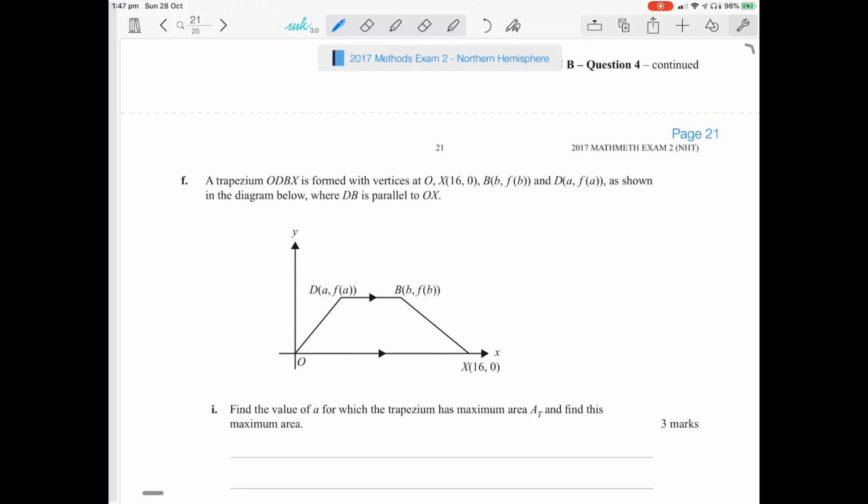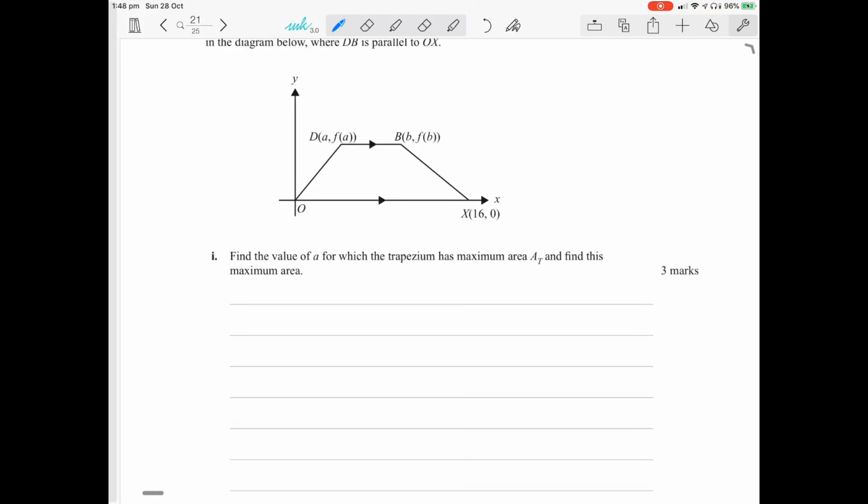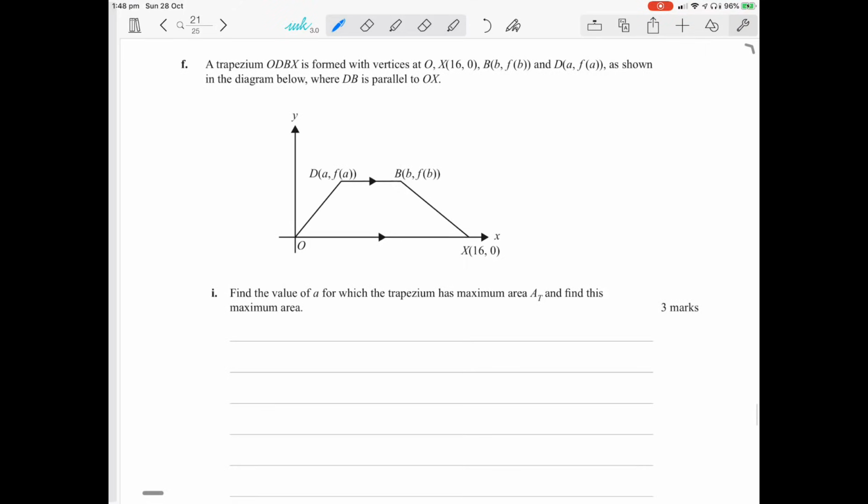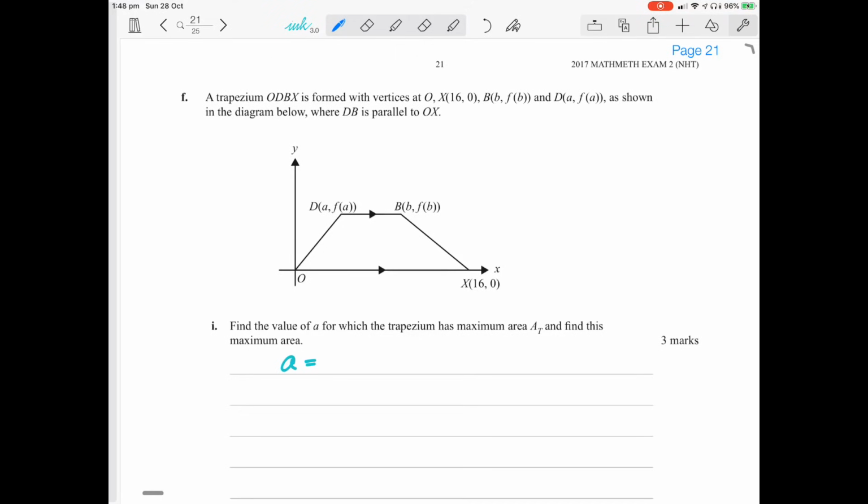Okay, trapezium ODBX is formed. Find the value of A for which the trapezium has a maximum area. Find its maximum area. Okay, so the base is 16.